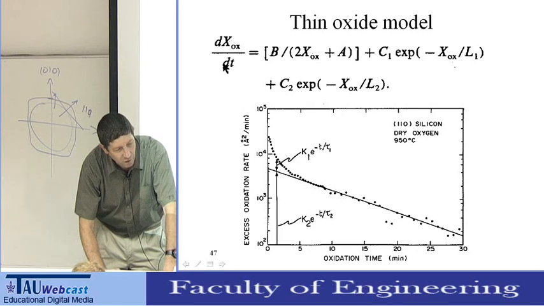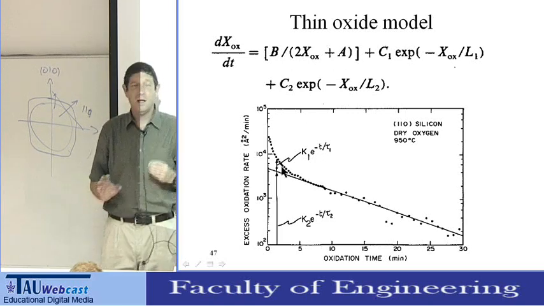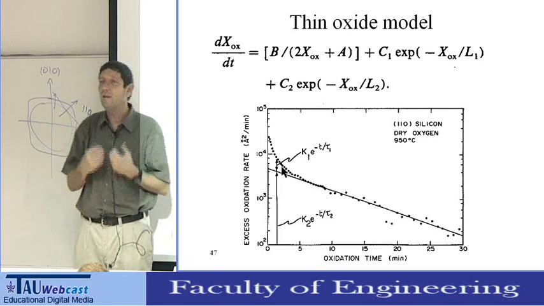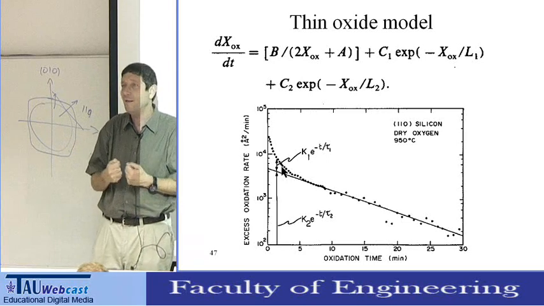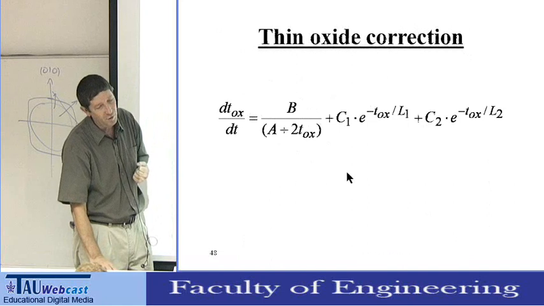So dx oxide over dt, this is the old Deal-Grove model, B over (2 x oxide plus A). But you have to add two exponential terms, which I would say are experimental. There are a lot of papers explaining them, but they are based on experimental data. It's called the thin oxide correction.